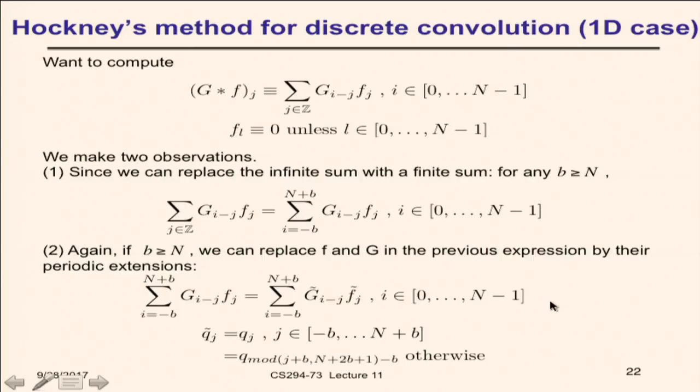This is tricky. The trickiness is, if I want to evaluate this convolution for just I from 0 to n minus 1, and I extend g and f to be periodic over the interval minus b to n plus b, then these two sums are the same. And I've just defined what it means to extend to be periodic.